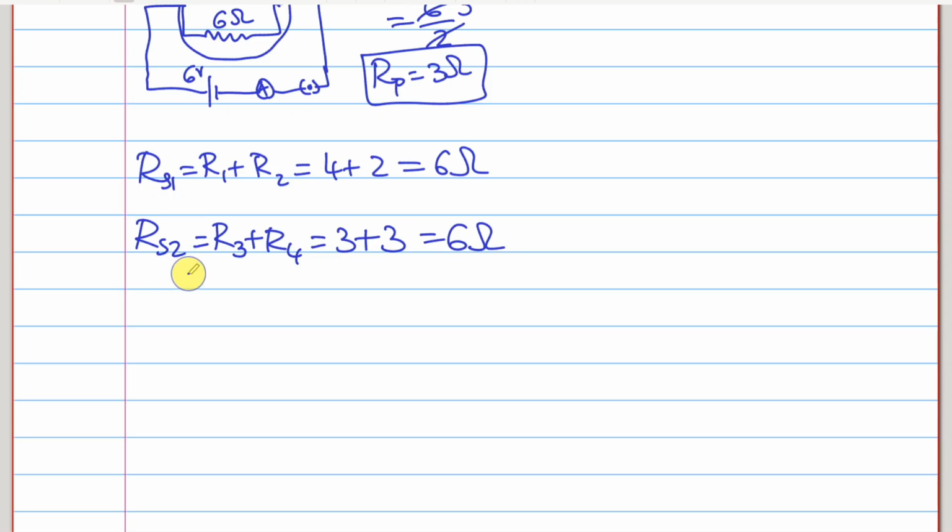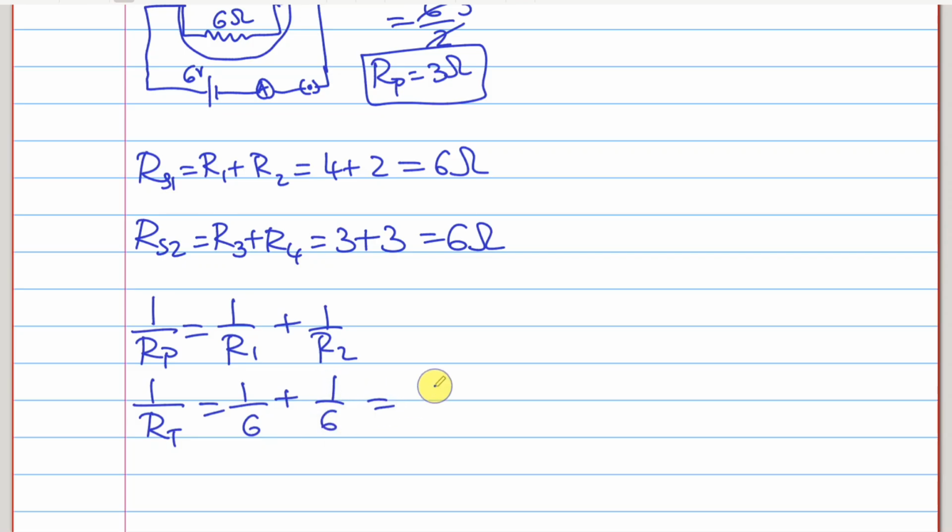Now RS1 and RS2 are in parallel. So we'll say 1 by Rp is equal to 1 by R1 plus 1 by R2. In this case, we need total resistance or the effective resistance. So 1 by RT will be equal to 1 by 6 plus 1 by 6, which is 2 upon 6, which is 1 upon 3. So this implies we'll have to reciprocate. So RT will be equal to 3 ohm, which is the final answer which we had got by rough calculation.